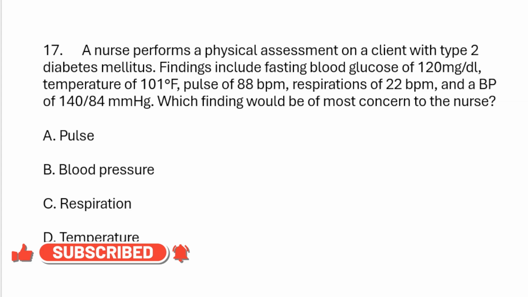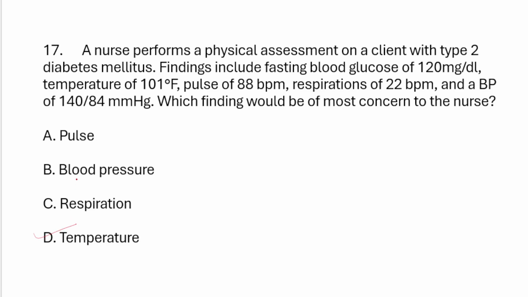Next question. A nurse is performing a physical assessment on a client with type 2 diabetes. Findings include fasting blood glucose of 120 mg/dL, temperature 101 degrees Fahrenheit, pulse 88 bpm, respiration 22, and BP 140/84 mmHg. Which finding would be of most concern to the nurse? A. Pulse, B. Blood pressure, C. Respiration, D. Temperature.